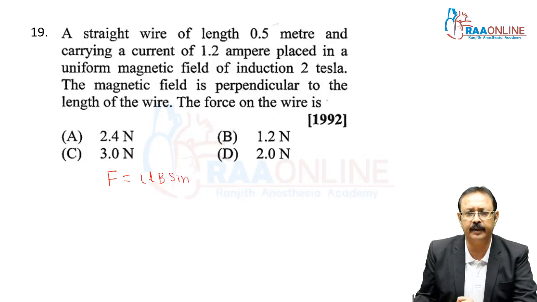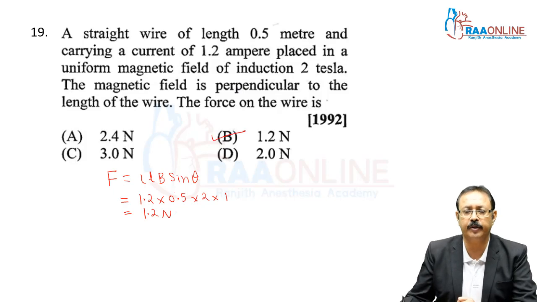Each and everything in proper unit is given. I 1.2 ampere, length 0.5 meter, SI unit again, B in Tesla 2, theta 90 degree and sin 90 is 1. So what are we getting? 0.5 into 2, 1, 1 into 1.2, 1.2 Newton. So we are going with option B.